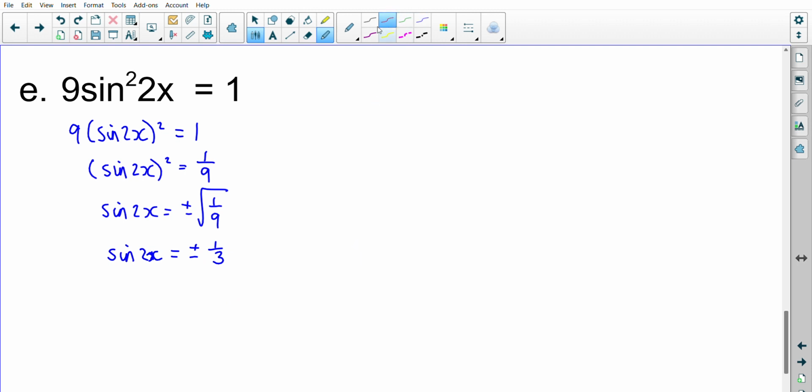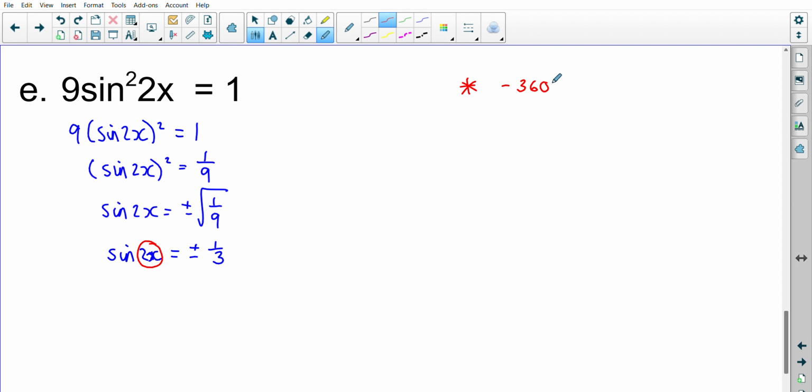Now, if you spotted it, this is something we've seen in earlier videos or earlier on the notes. You have got a transformation. You've got a transformed sine x graph. So what I'm going to have to do is think about the range. I'm going to manipulate the range. So it's originally between minus 180 and 180.